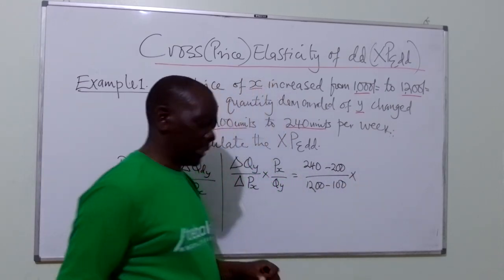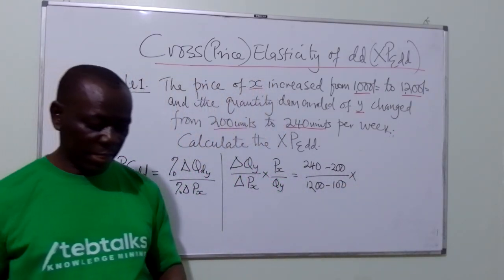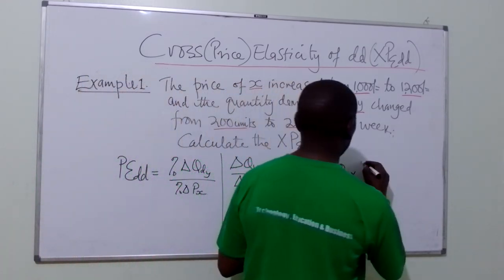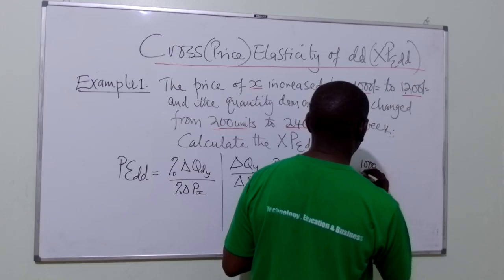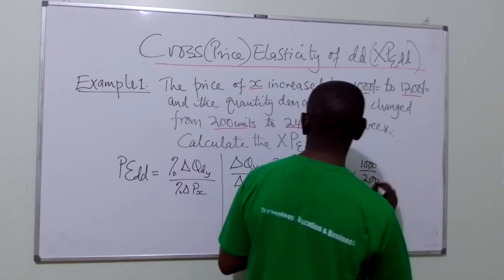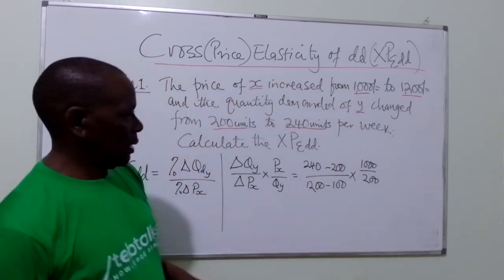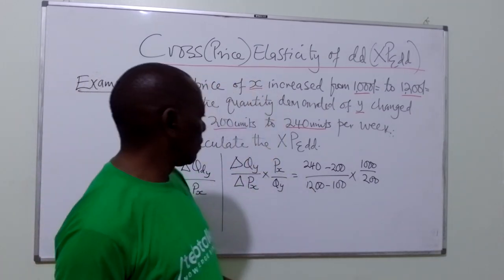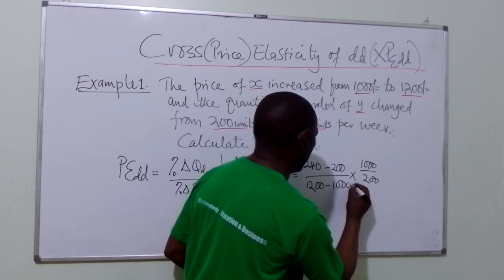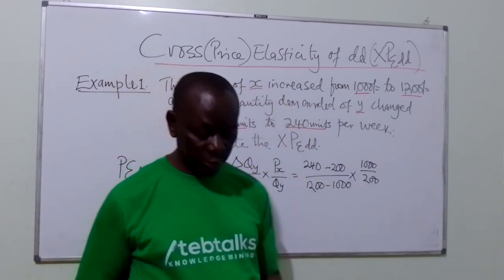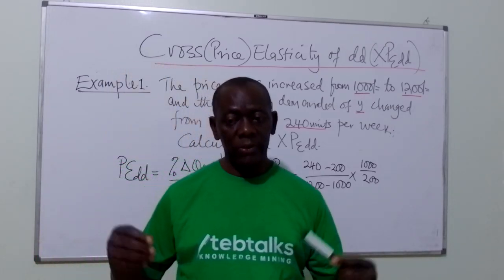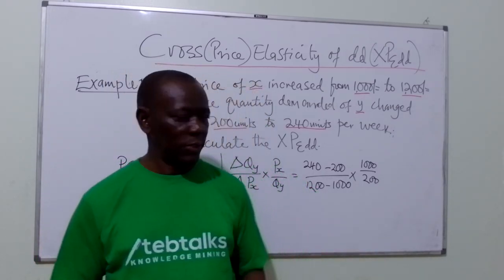This one, we multiply by 1,000 over 200. 1,000 over 200, and that is what we call the change in the price.